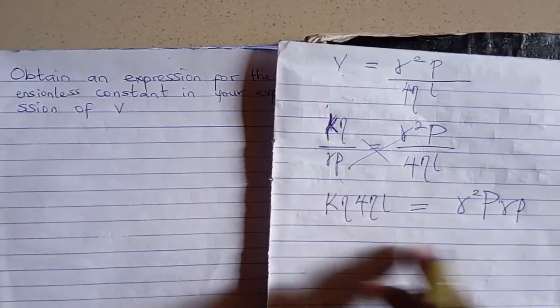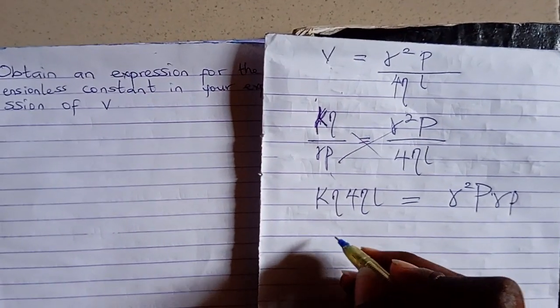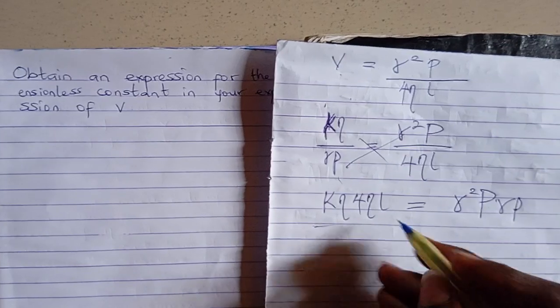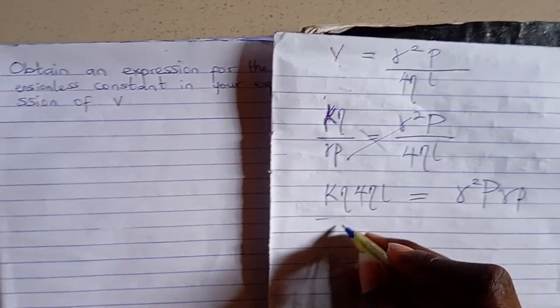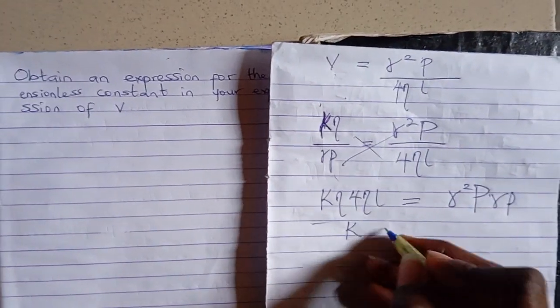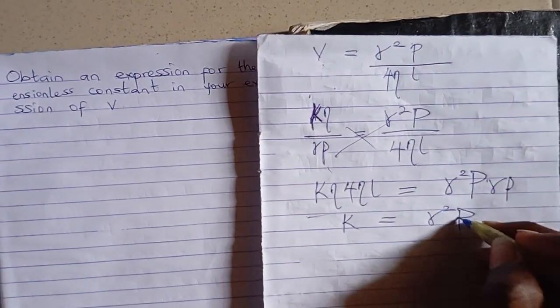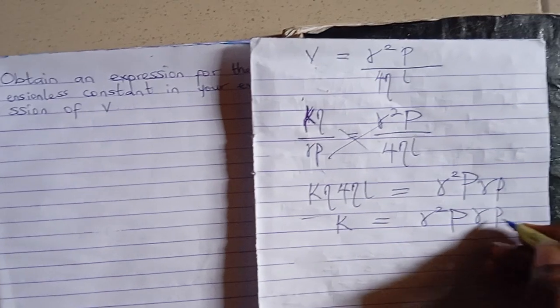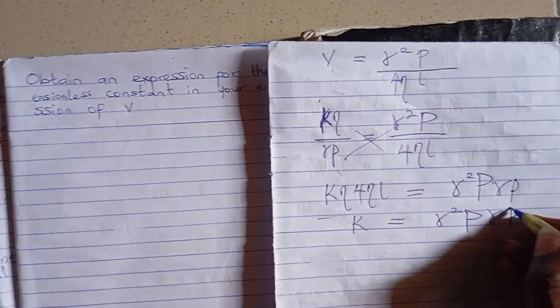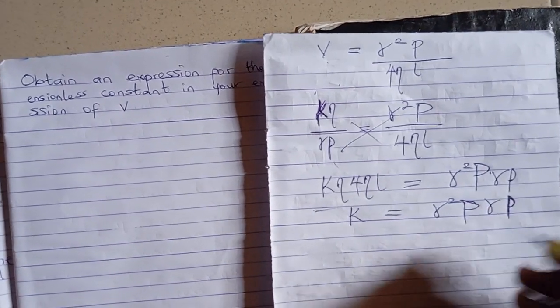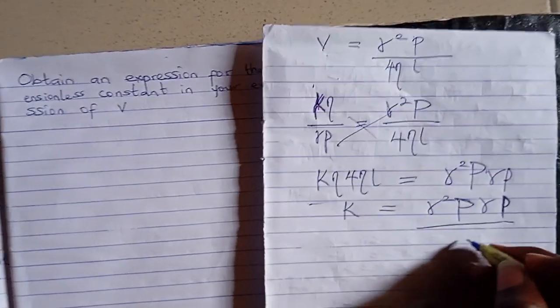Trying to make k the subject of the formula, we simply divide both sides by the coefficient of k, so that k is equal to r squared P r ρ, where small letter ρ is for density, all over η squared 4L.